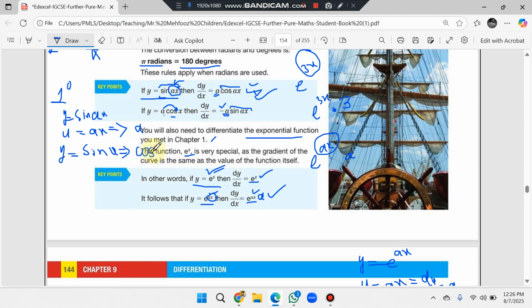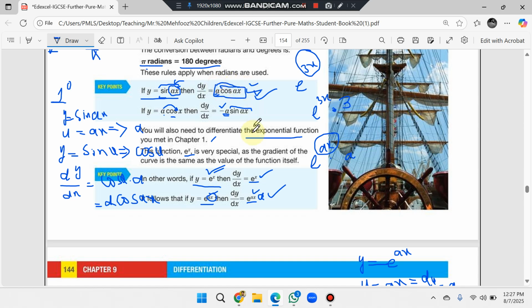Any problem? No. So if you find the derivative dy by dx, that will be equal to dy by du, that is cos u, multiplied by du by dx, that is a, right? And what is the value of u? The value of u is basically ax. So a times cos ax. So this is your answer.